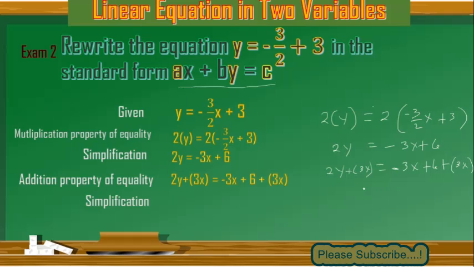In simplification, which is first, y or x? We have to put first the term which has an x. So 3x plus 2y equals, this one is cancelled out, so the answer now is 6.